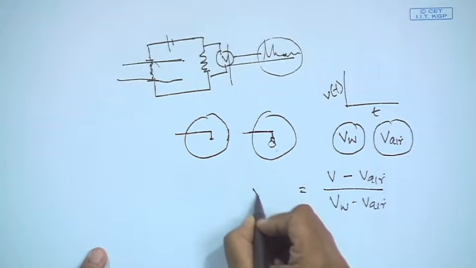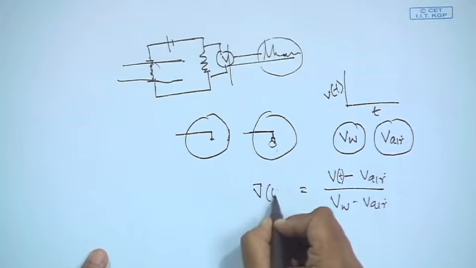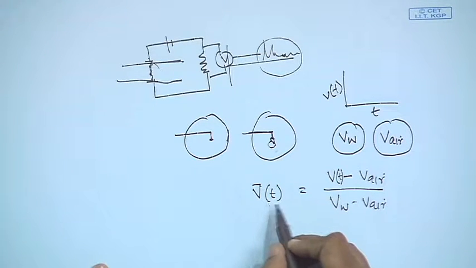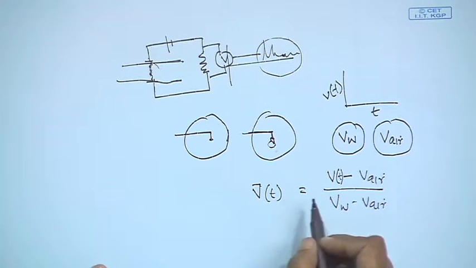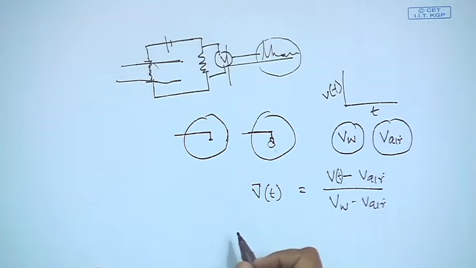This is the normalized voltage, and this is a function of time. So naturally, in this way we get the normalized voltage, which is measured as a function of time in order to obtain the void fraction data.